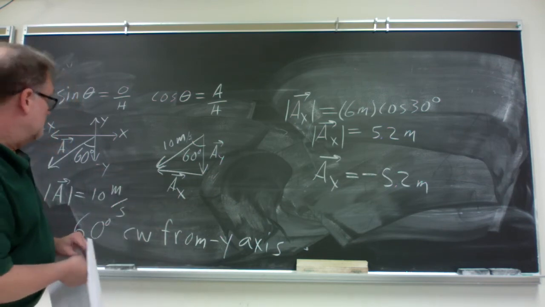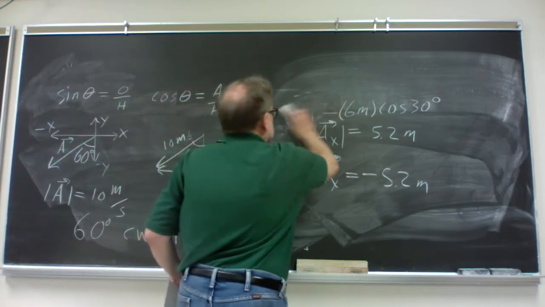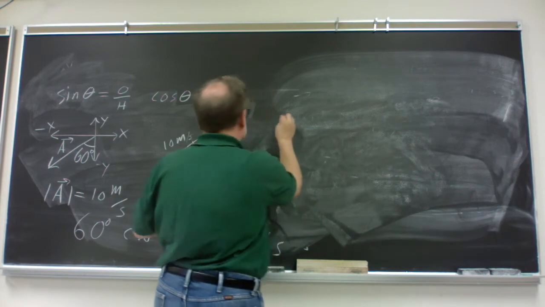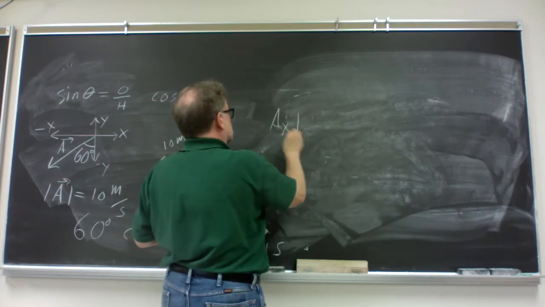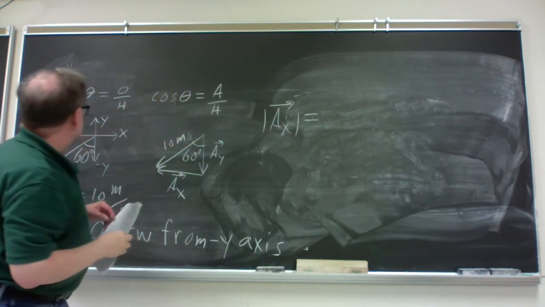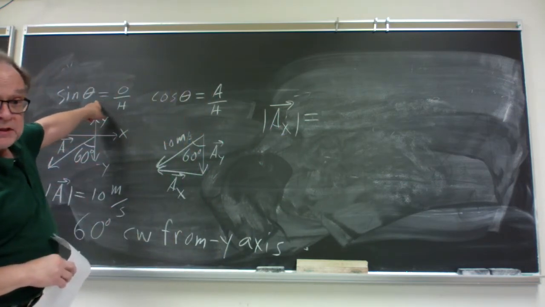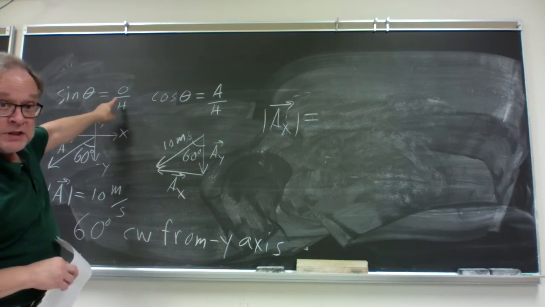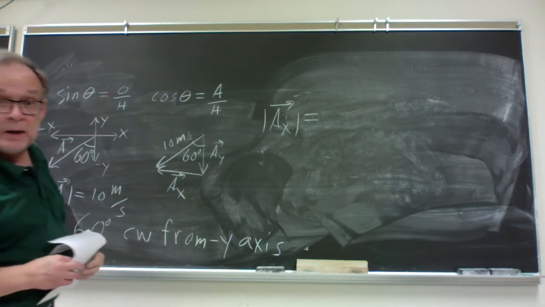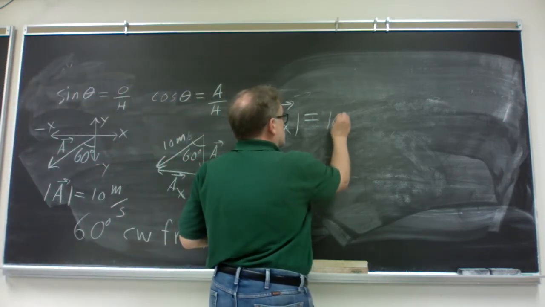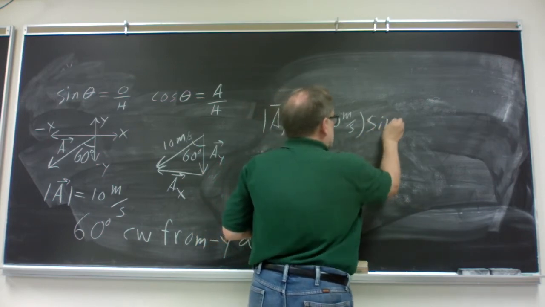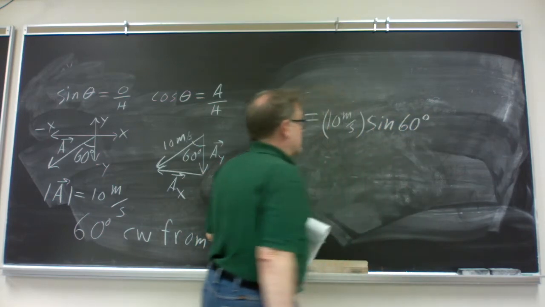So in this case, the magnitude is, using the same rule, the length of the opposite side is equal to sine times the size of the hypotenuse. The size of the hypotenuse is 10 meters per second, and then times sine 60 degrees.